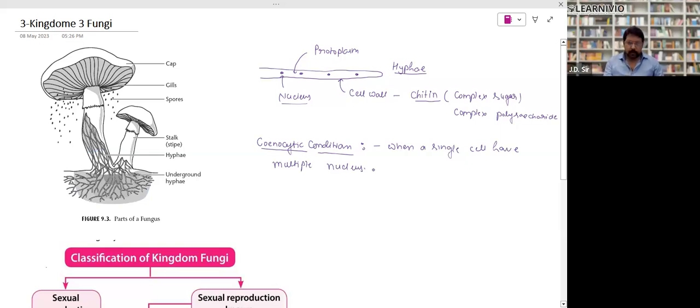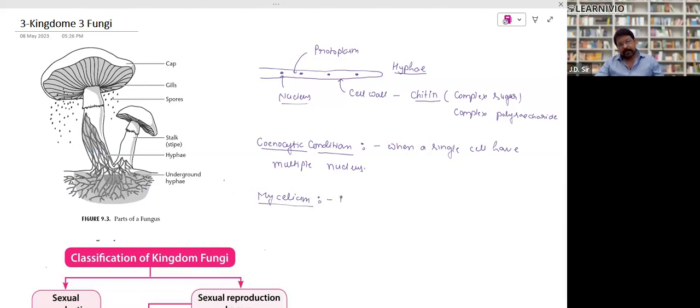Yes, sir. Okay. Then, if this is hypha, then what is the mycelium? Right? Try to understand. What is the difference between hypha and mycelium?